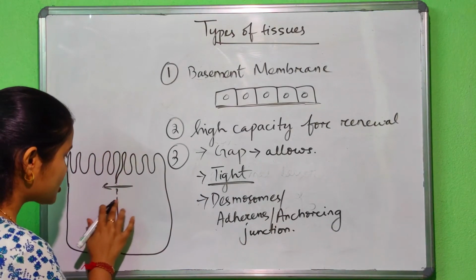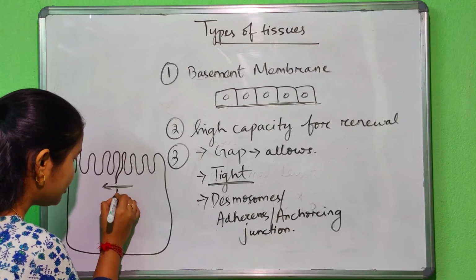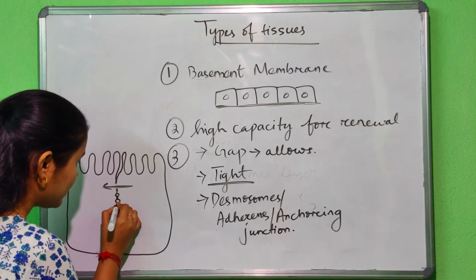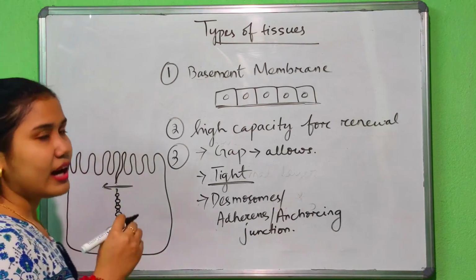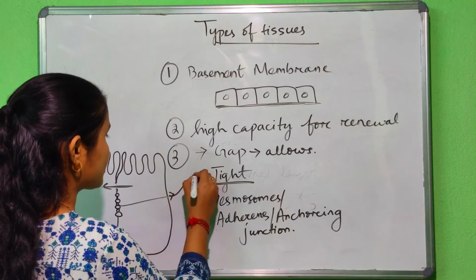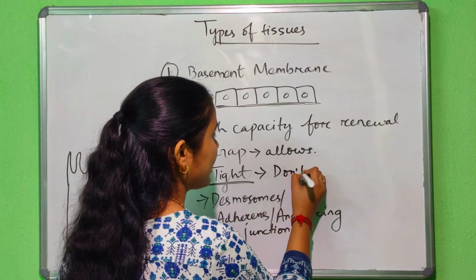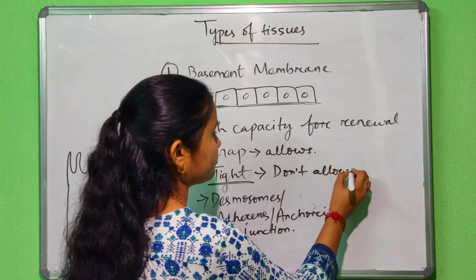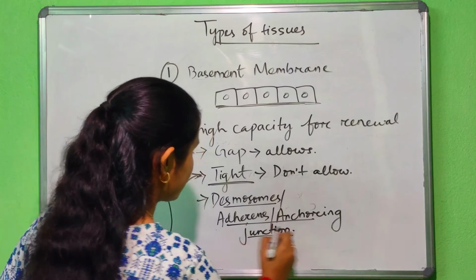Tight junctions do not allow the passage of molecules or ions through the cells. Now come to desmosomes.